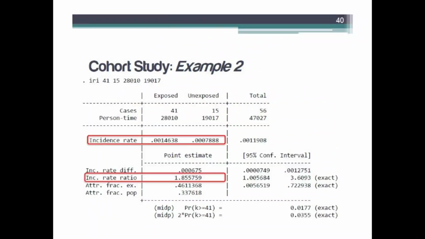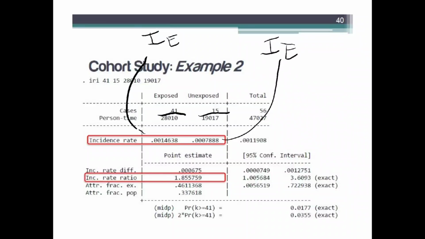Na yun. Diba? So, 41 divided by 28010 and then 15 divided by 19017. Okay? So, ito na yung incidence rate mo among exposed. And then, this is the incidence rate among unexposed.